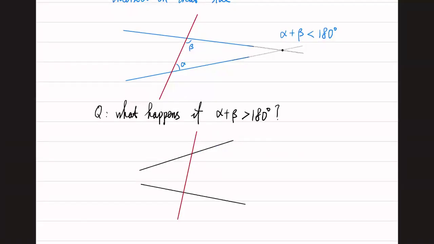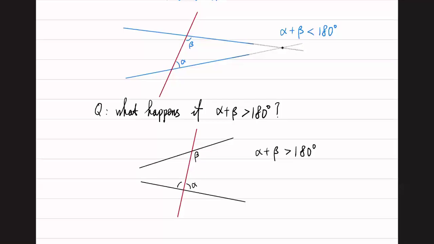Okay, yes, very nice. Alpha and beta. So alpha plus beta is bigger than 180, then the supplementary angles, we call them gamma and delta. Okay, not a good notation, but just for this purpose.